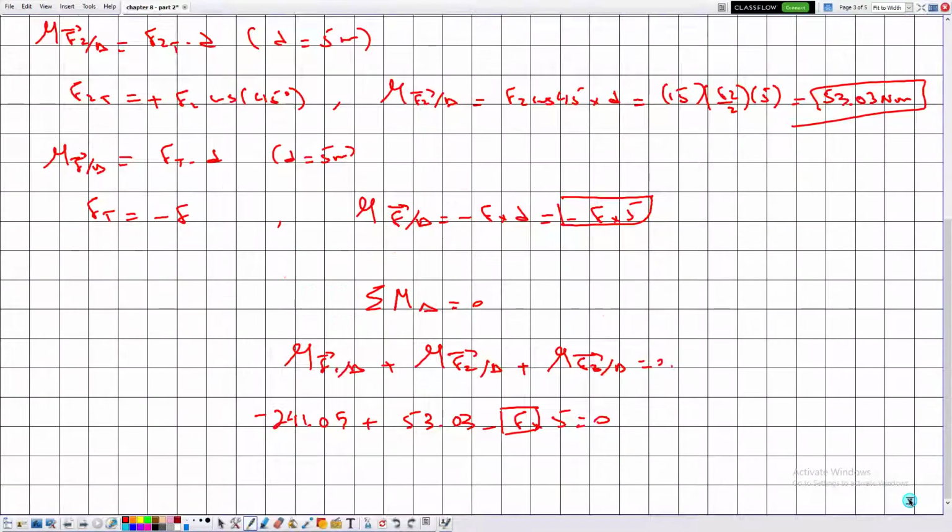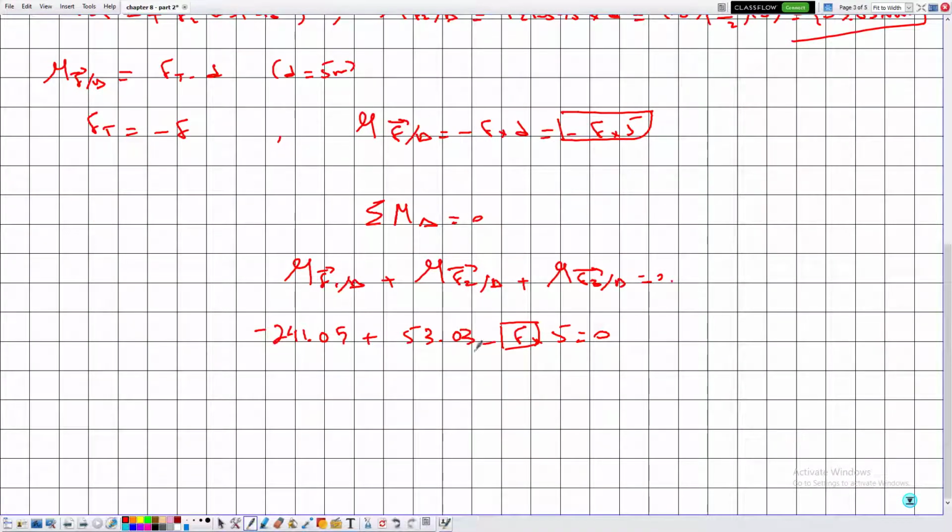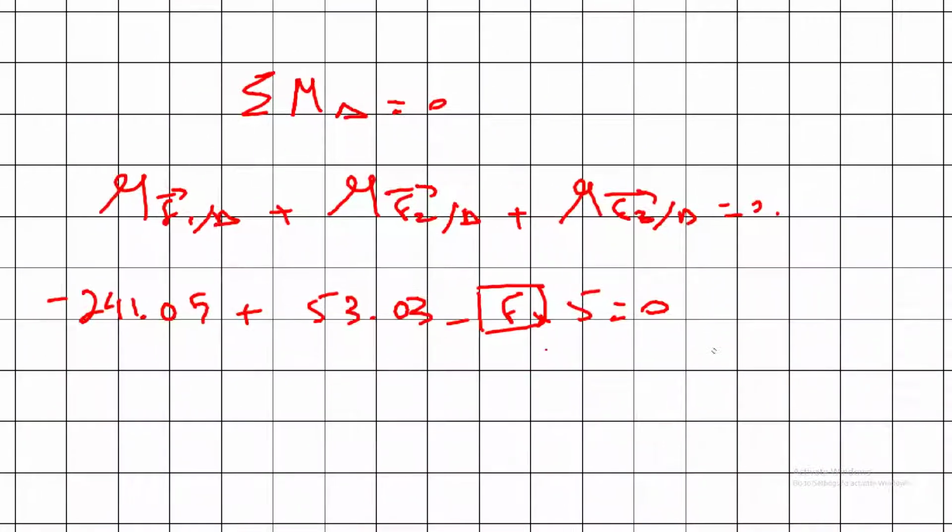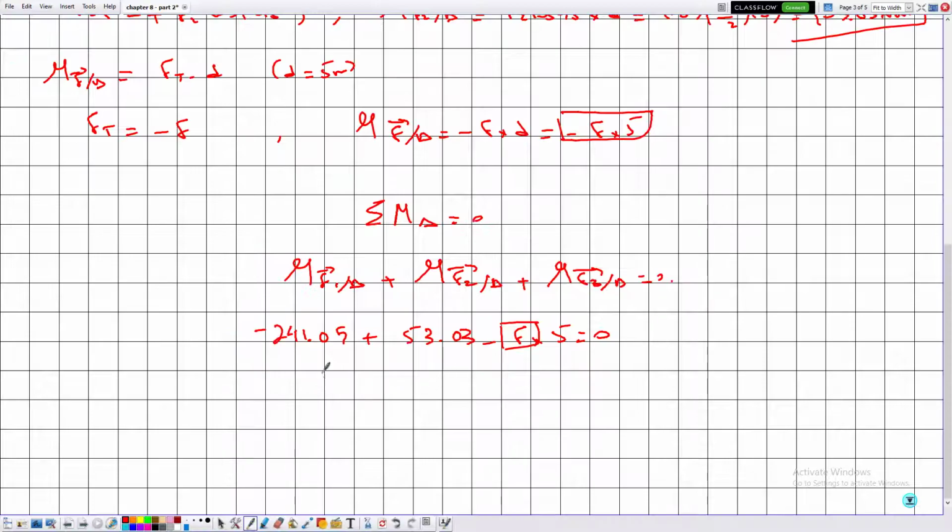So in this case, if you rearrange the equation, I'm solving it directly. So you drag this to the right hand side, it will be F multiplied by 5, dividing both sides by 5.